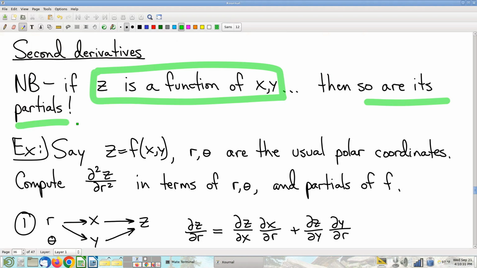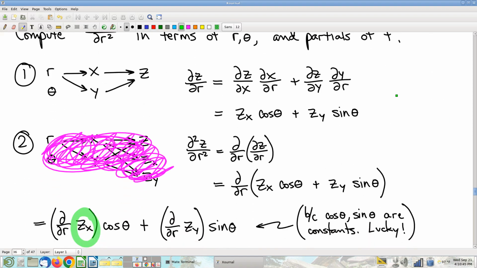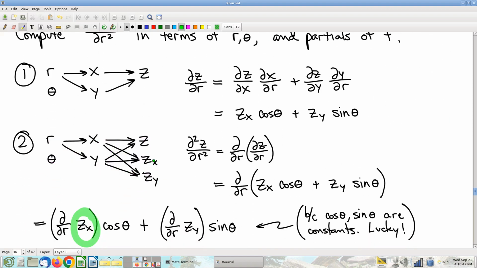If you have some expression involving x's and y's and you take an x partial, you get a different expression in terms of x's and y's. So ZX is a function of x and y. That's what ZX is, and I'm going to represent it as such. There it is. ZX is a function of x and y. I'm appending that to my diagram. Previously, it wasn't even on the diagram. But now that we've got this thing, ZX is in our work.